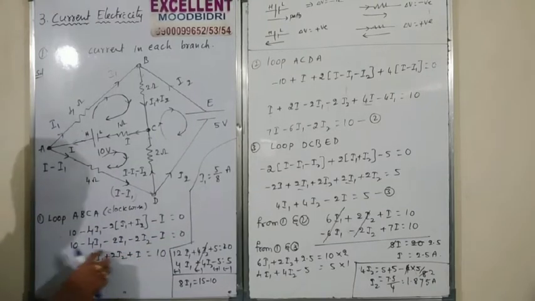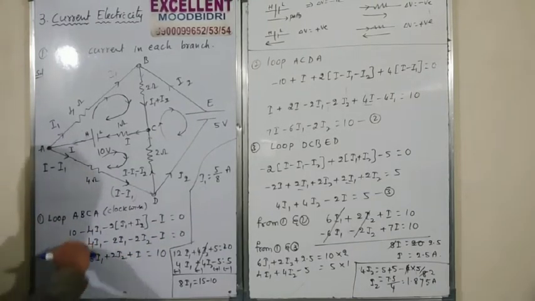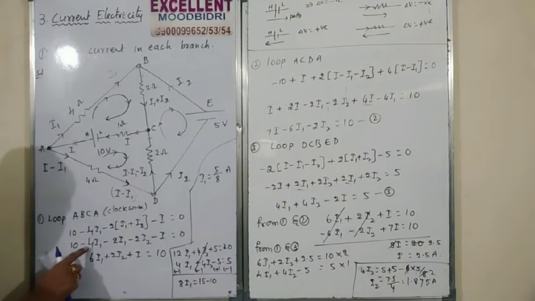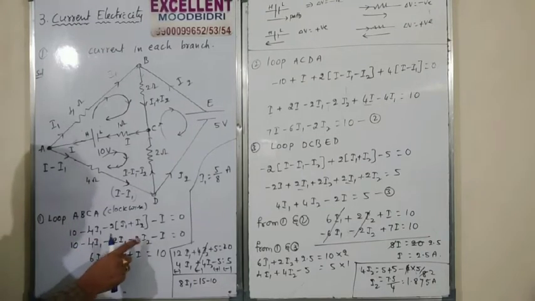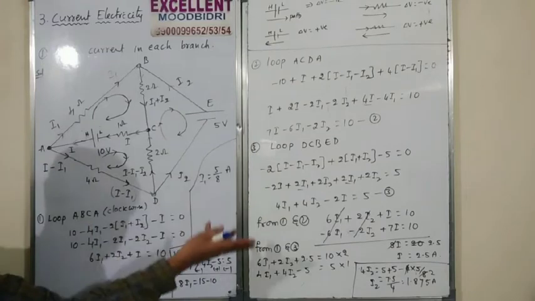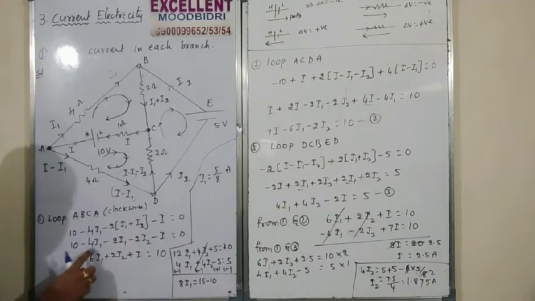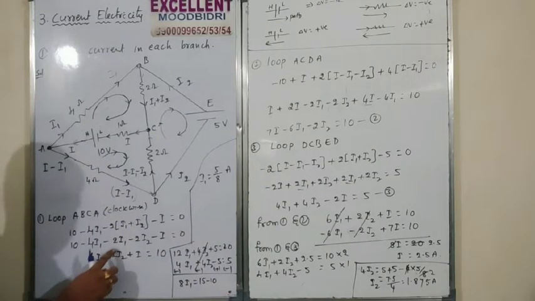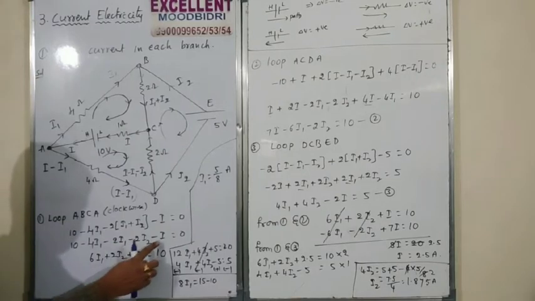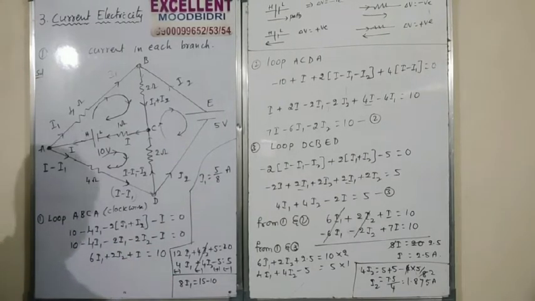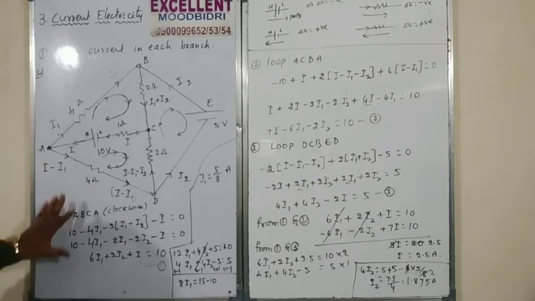Combining terms, minus 4I1 minus 2I1 is minus 6I1, then minus 2I2 minus I. Transfer this total to the other side and it becomes plus. Therefore 6I1 plus 2I2 plus I is equal to 10, equation number 1. The loop is understood, right?